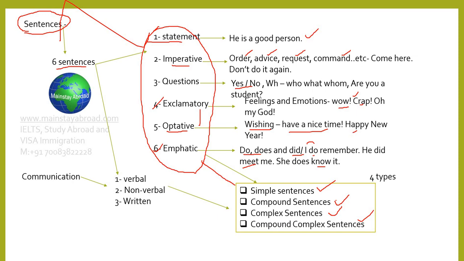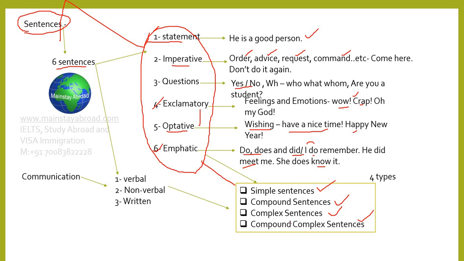Compound means when we join, we need one independent clause and one dependent clause, like "If you come here, I will go there." Complex, we have ideas which in this form can be elaborated. When you have multiple, more than one independent clause, and when you also introduce dependent clauses, you can create complex sentences. This is a simple idea.